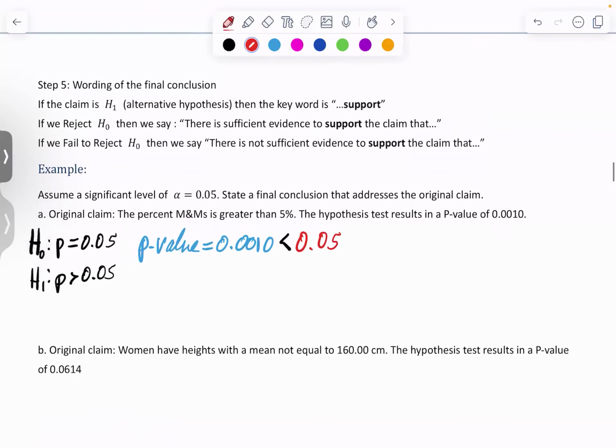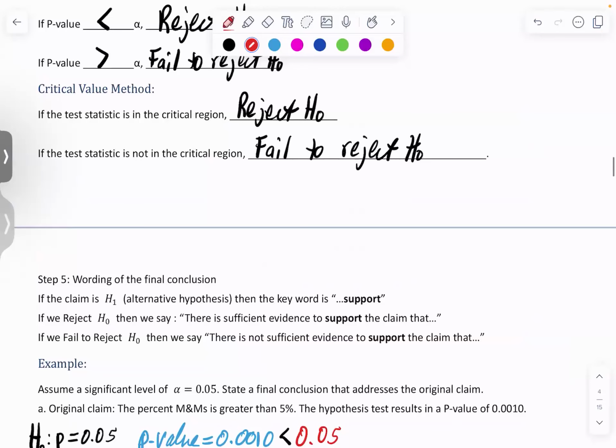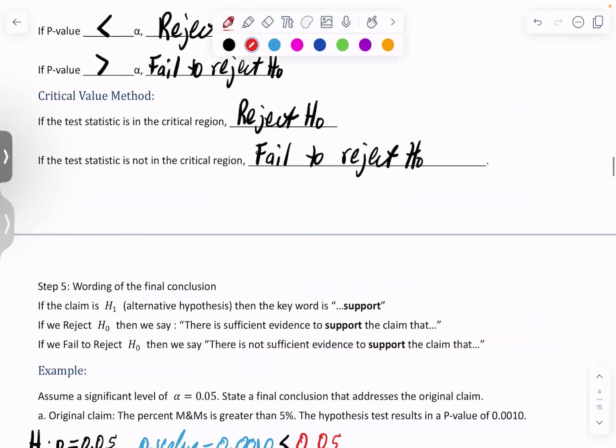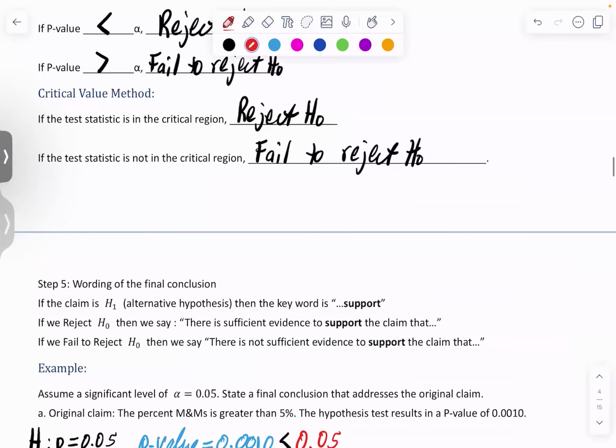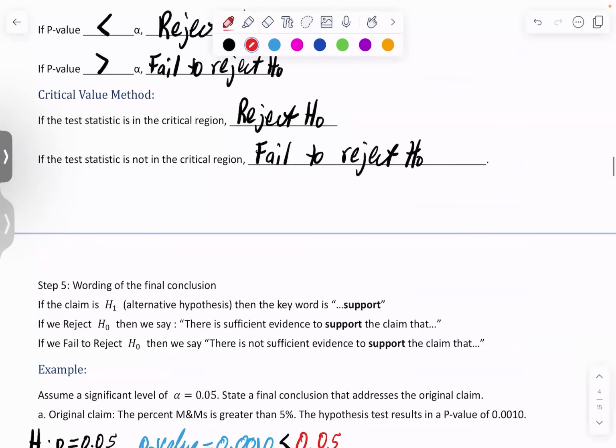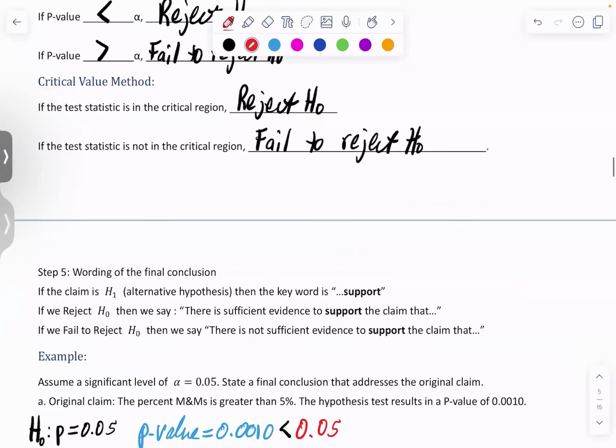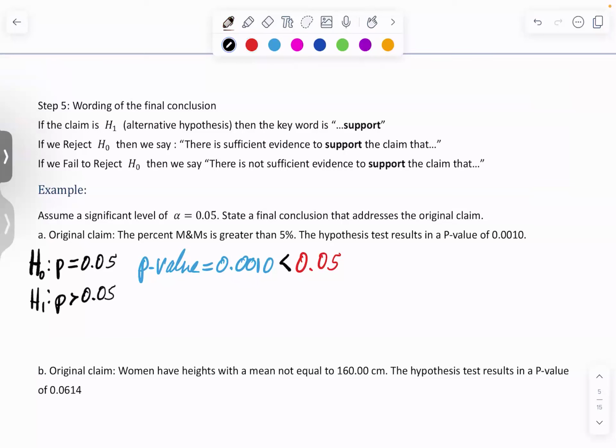So we go back to our, what if the p-value is less than alpha? Then we reject the null hypothesis, reject. Meaning we're not going to assume that the proportion is still 5%. We think that it's now bigger than 5% because we're rejecting the null hypothesis.